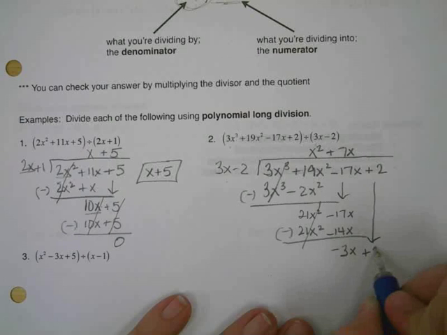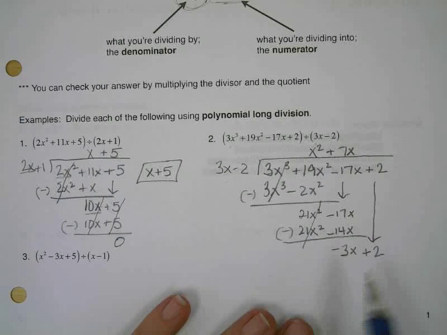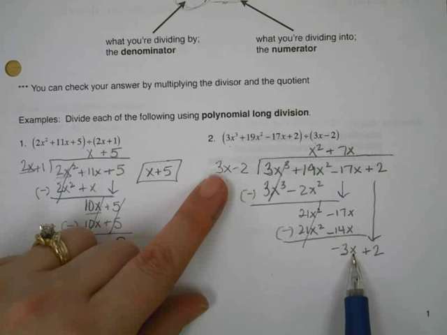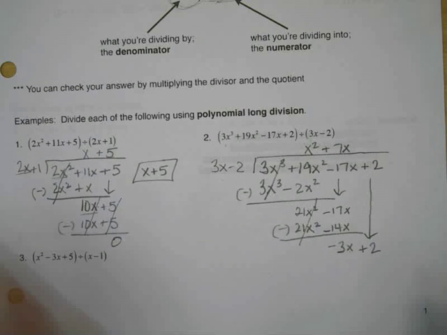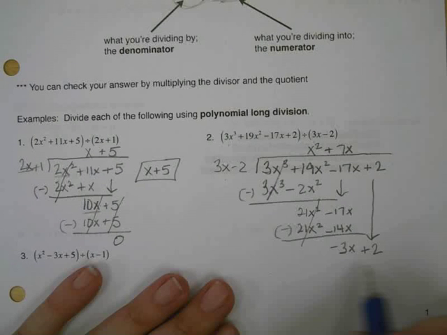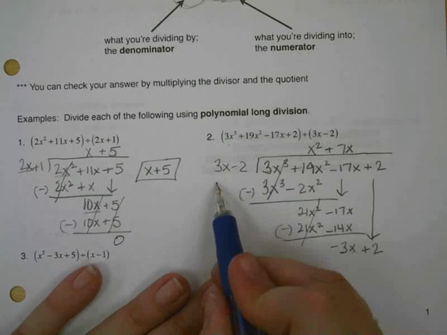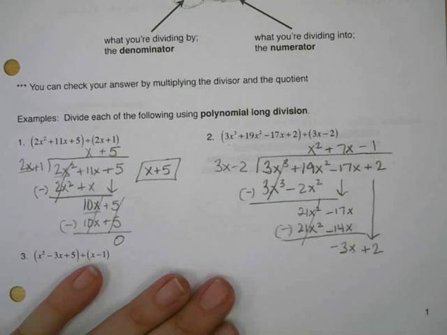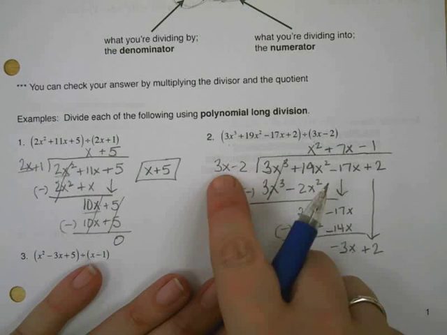Okay, and then we've got one more thing to pull down. Okay, and I've got one more division I can do because I'm dividing an x by an x, so I know that's my last division. I can't divide by a higher exponent than I have to start with. So I've got negative 3x and dividing it by 3x, which is just going to be negative 1.